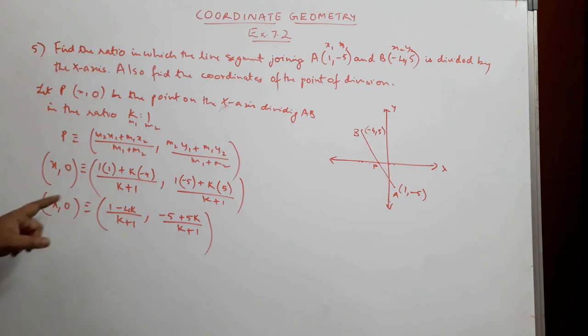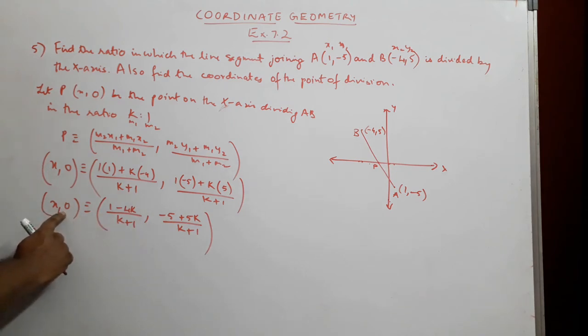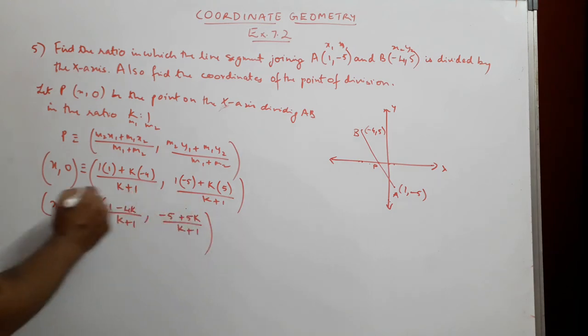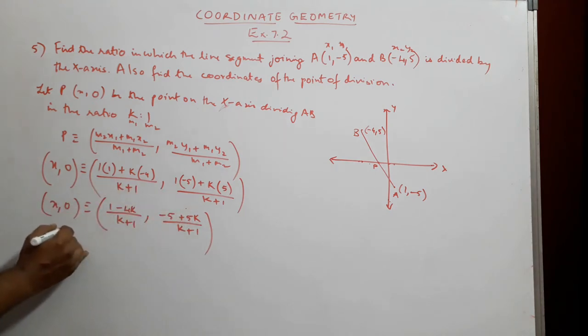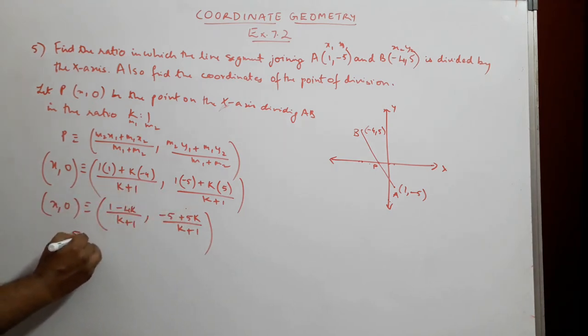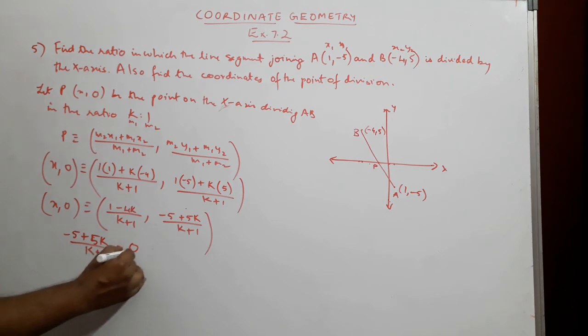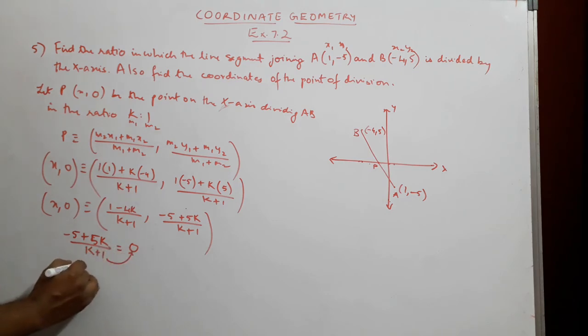Now we don't know what k is, and we don't know the x coordinate either, so two unknown quantities, and we can't use the x coordinate. But we can use the y coordinate, because y is 0 for the point P, and that can be equated to the y coordinate here. So we say (-5 + 5k)/(k + 1) = 0. Multiplying by k + 1, anything into 0 is 0.